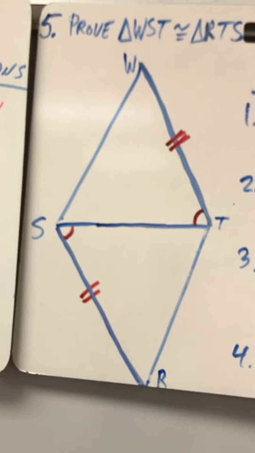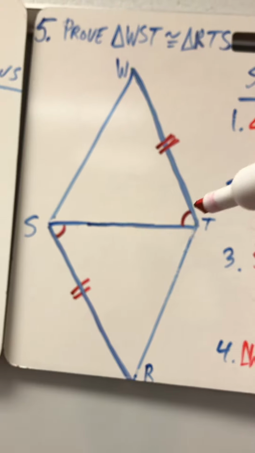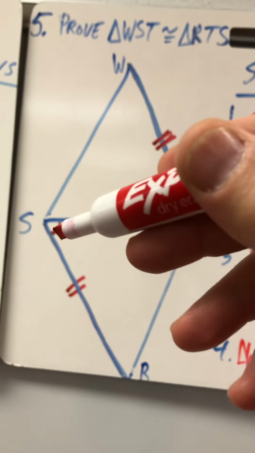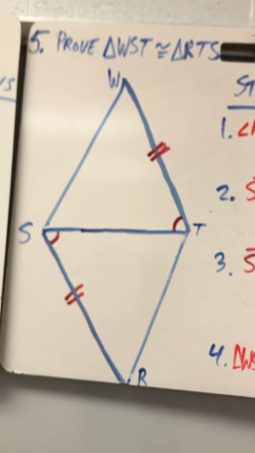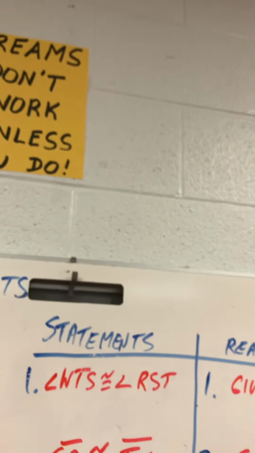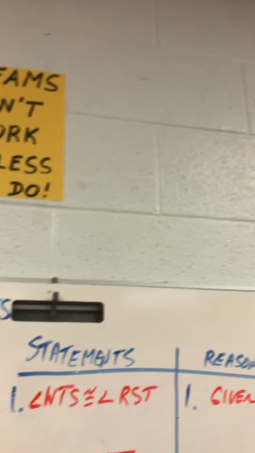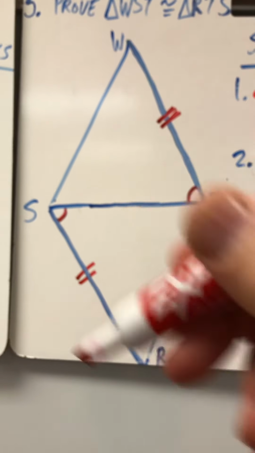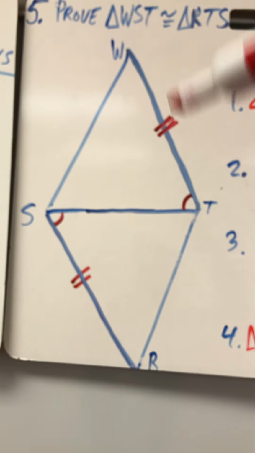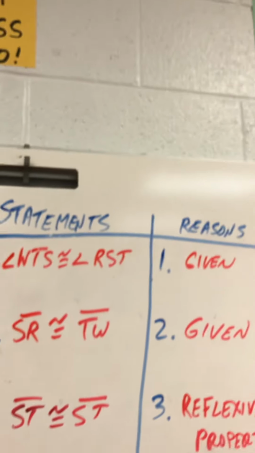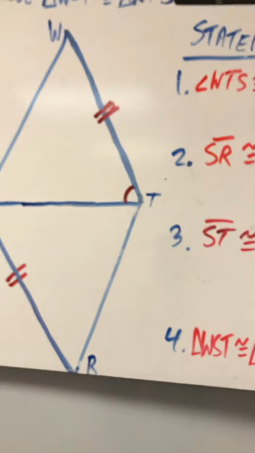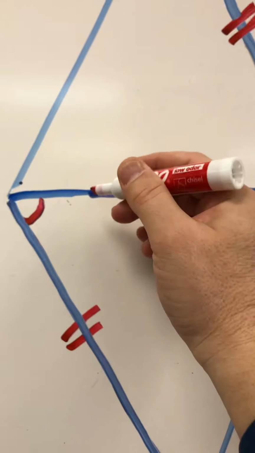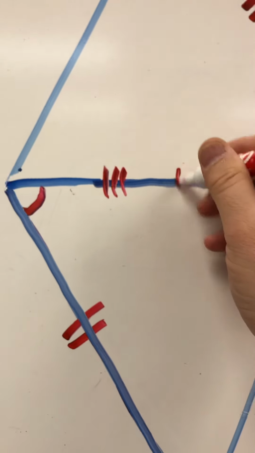Over here, I'm going to say that this angle here is congruent to this angle here. WTS congruent to RST, that's given. And I'm going to say SR is congruent to TW, that's given. All right, once again, I have this guy congruent to itself.